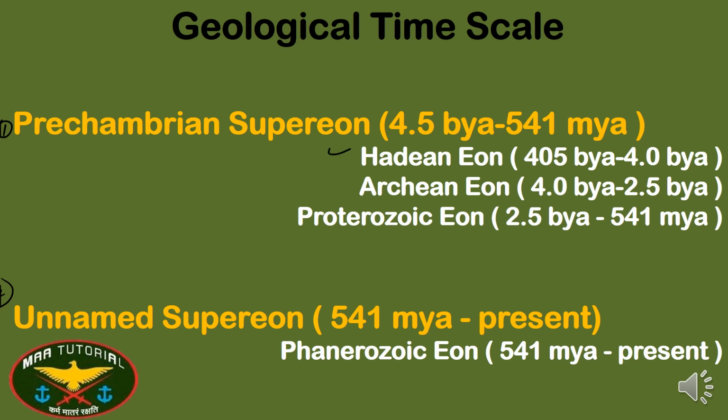There are three parts: Hadean eon, Archean eon, and Proterozoic eon. And the next is the Phanerozoic eon, about 541 million years ago to the present.